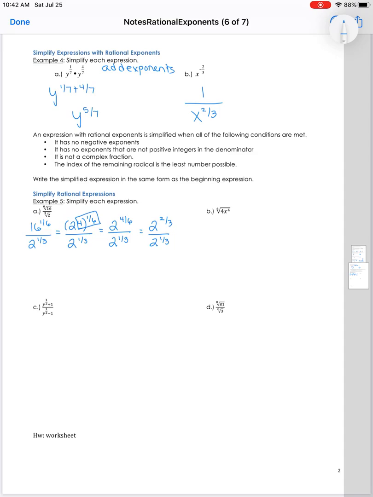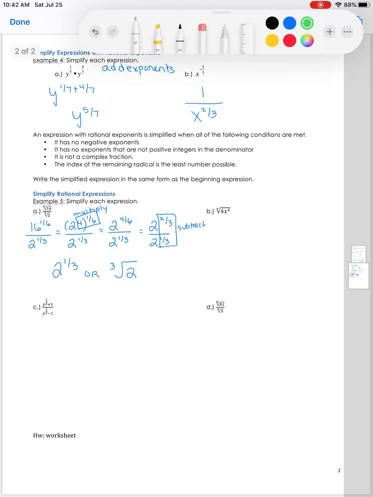Okay, so we're going to start simplifying more. Well, 16 is 2 to the 4th, raised to the 1/6 power. I'm trying to get the same base here. Now I can multiply these exponents, so I get 2 to the 4/6 and 2 to the 1/3. And 4/6 is reduced to 2/3.